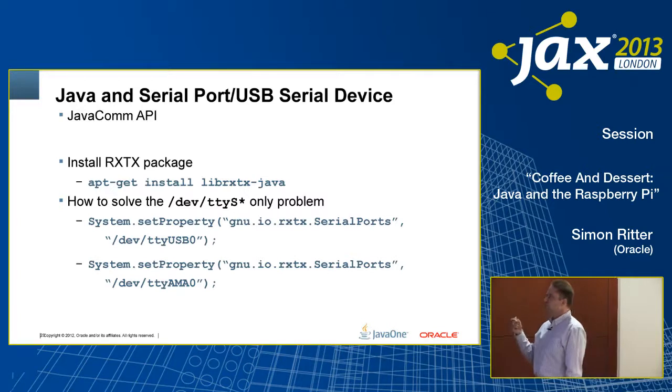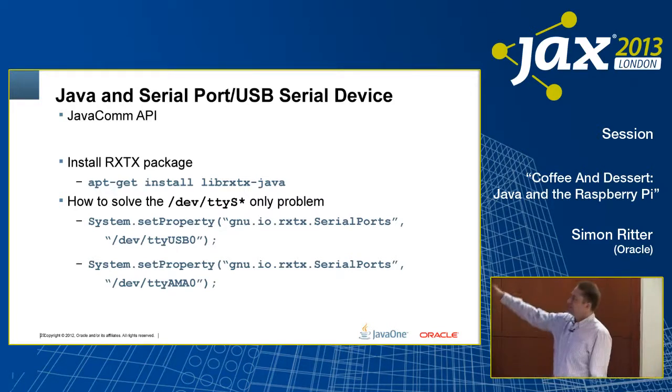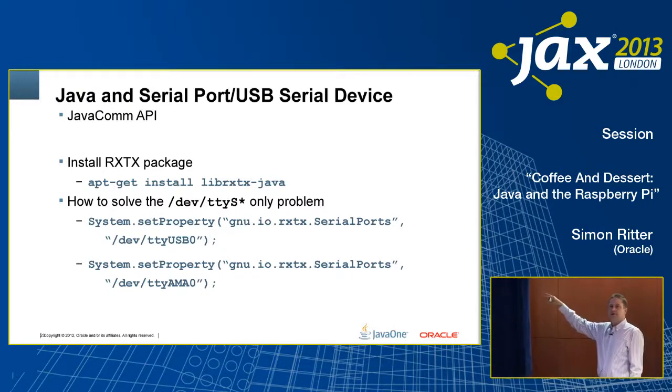So if you want to use serial devices and talk to them directly, then there's a nice little package which is really an implementation of the Java COM API, which goes way back into like the last century, in fact. And so you can install the RxTx package, which is a Java implementation that allows you to do that. One of the things I found with that is that by default, the RxTx package will only use devices which are /dev/ttyS something.